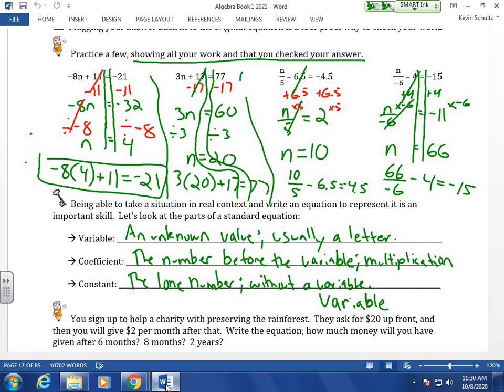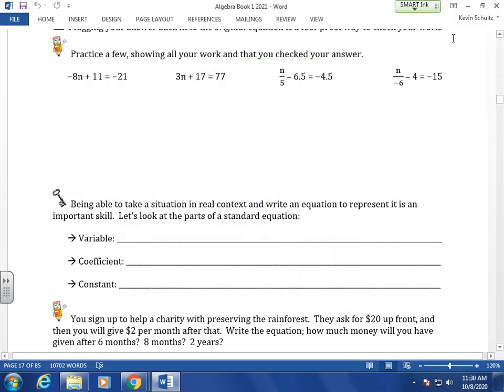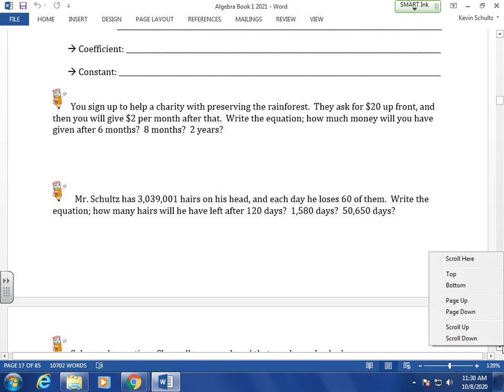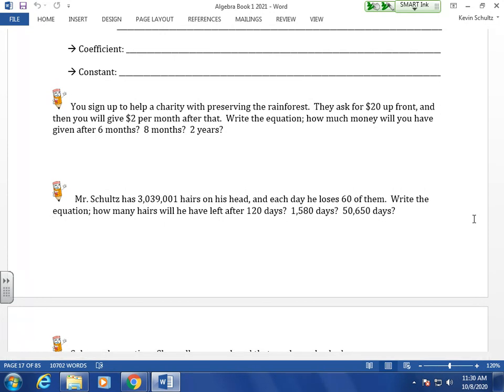Okay, so let's take a look at a situation where you need to write the equation yourself and therefore need to identify what the variable, coefficient, and constant are. So you sign up to help a charity with preserving the rainforest. How kind of you. They ask for $20 up front, and then you'll give $2 per month after that. Write the equation.